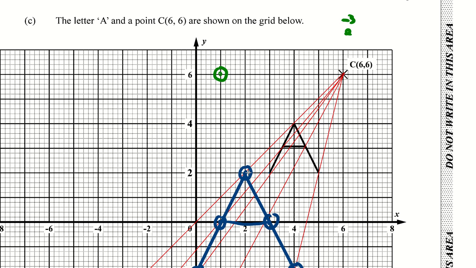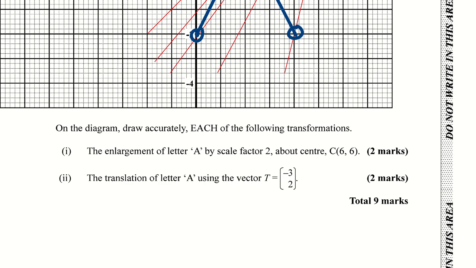So 1, 2, 3, and 2 units up, 1, 2. So it's here. This one, 1, 2, 3, and 2 units up, 1, 2. That's here. So I know my A is going to be here, here, and then I know this is how the A is going to look. And this would be after the translation of (-3, 2).